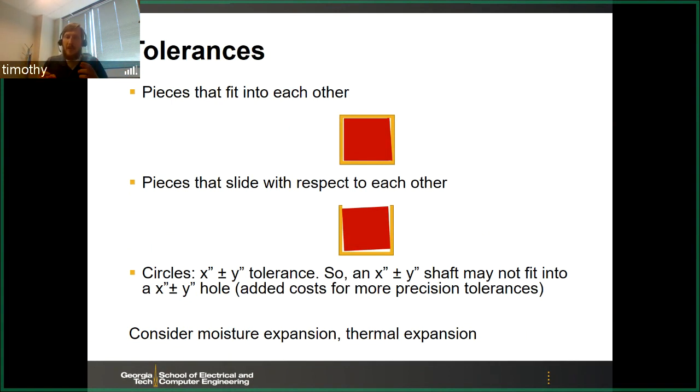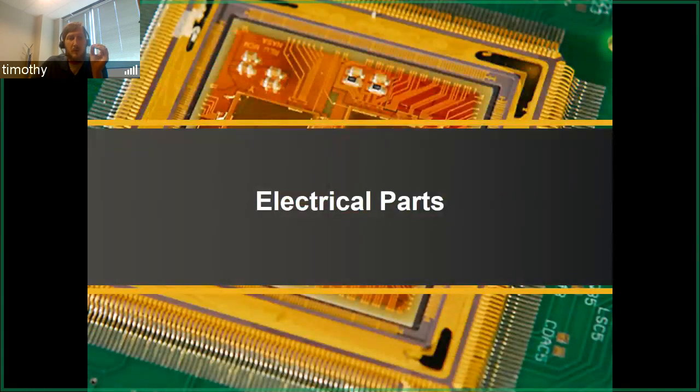Well, creating an actual square is very hard because we're using bits to bore down and cut that square opening. Unless you're 3D printing it, and even then the head of the 3D printer is going to move in a little bit of a smooth motion. So consider that. Try to think about ways that you can simplify the mechanical aspects of your design.